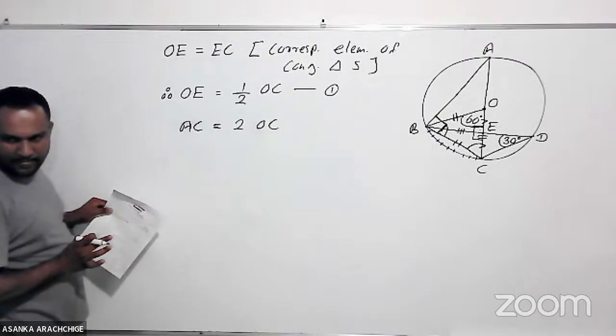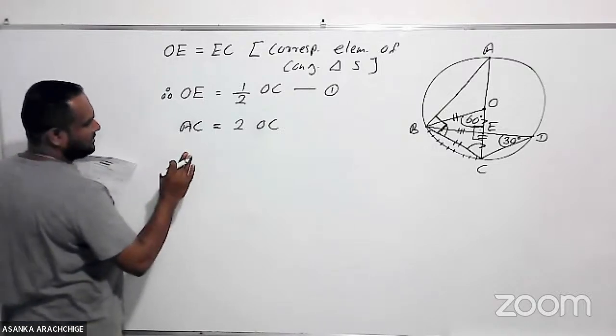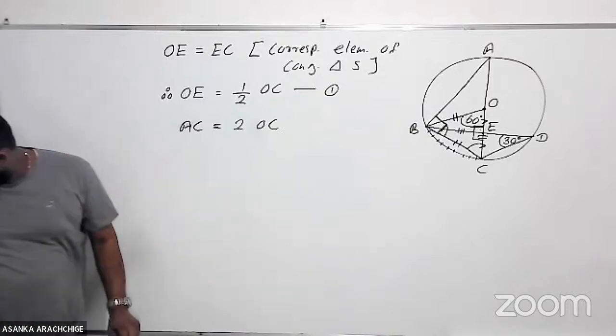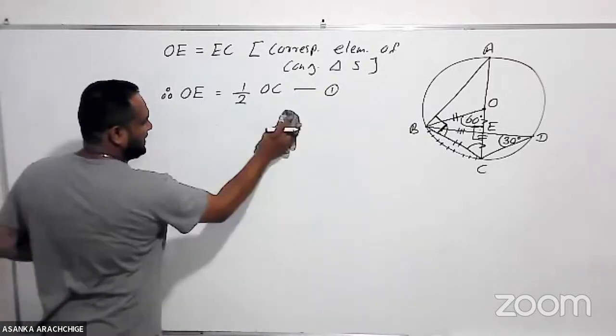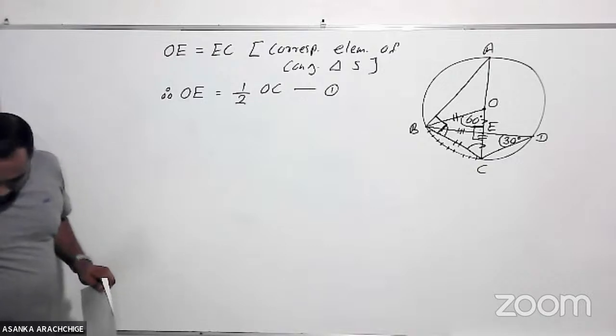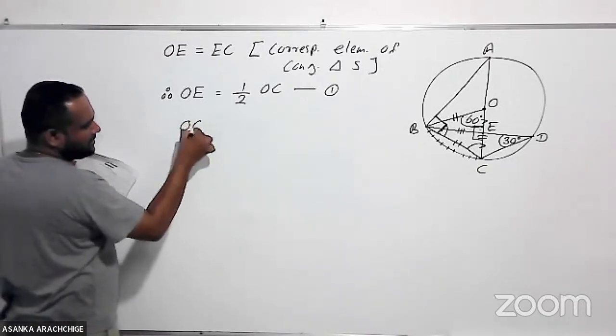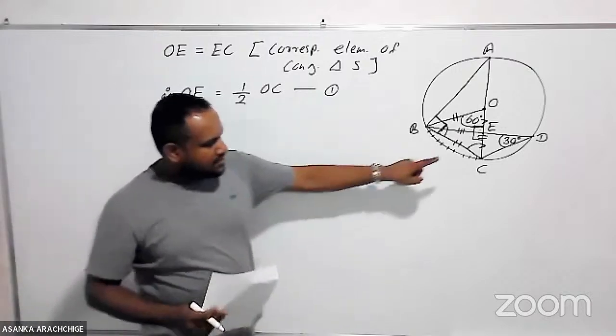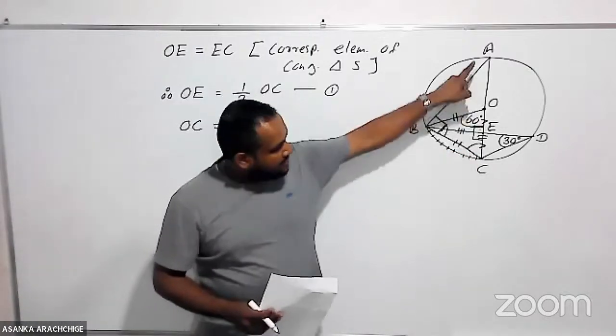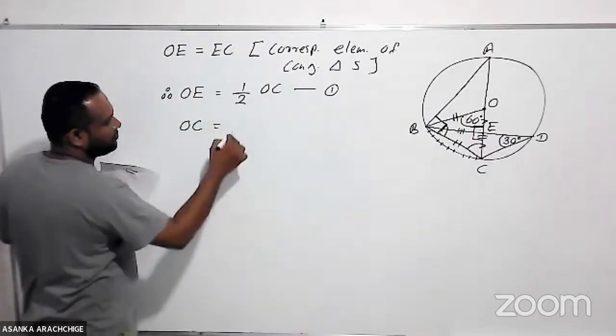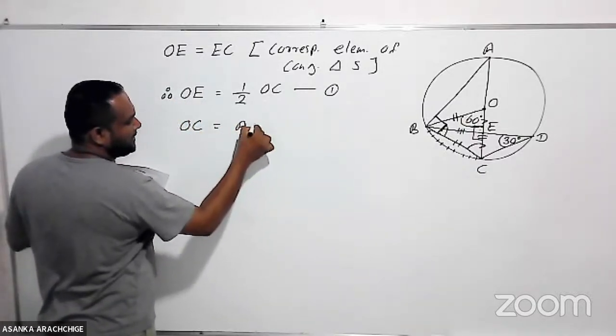Is that clear? Then I can write it straight away. I write like this: OC equals, OC is the radius, that is half of AC. Half of AC.